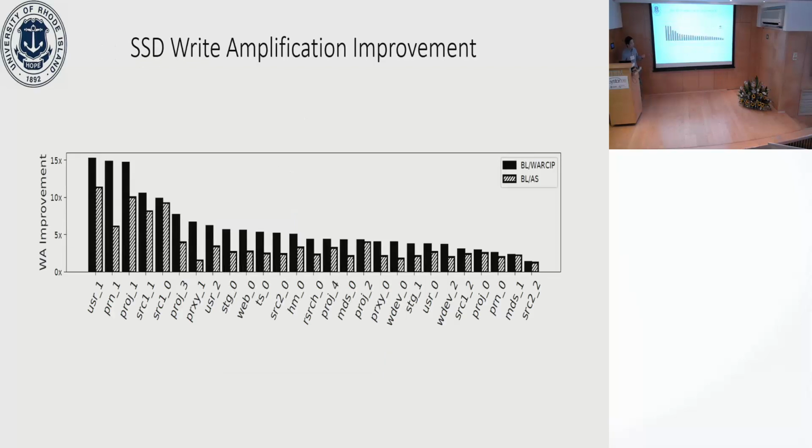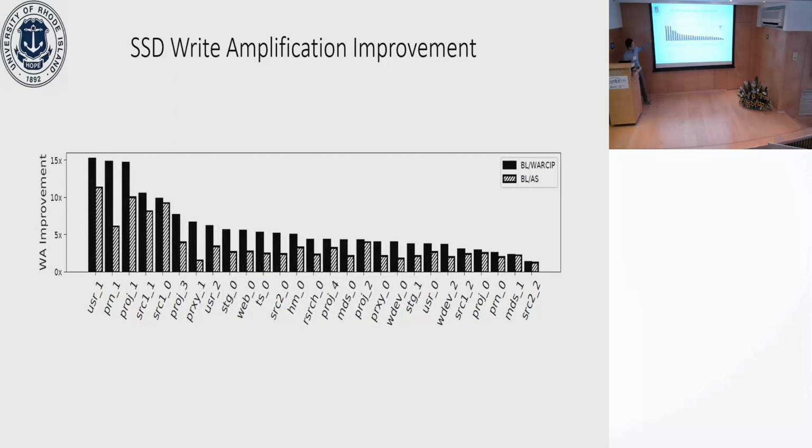To evaluate our work, we compare WARCIP with the traditional SSD and the multi-stream SSD, which is close to our implementation and is also a block layer solution. We plot the replications here. The trace is from Microsoft Research Cambridge.